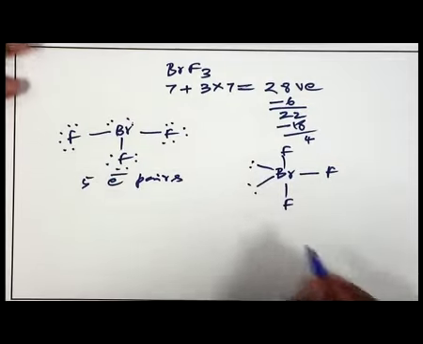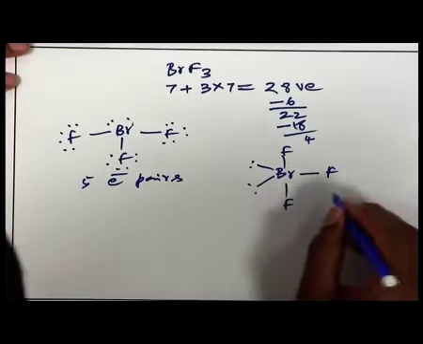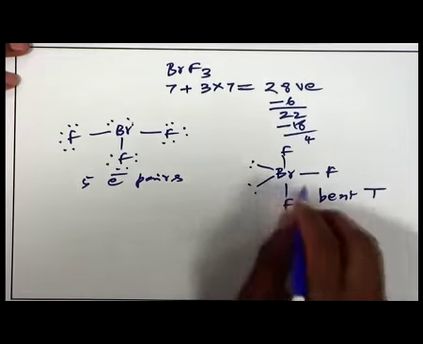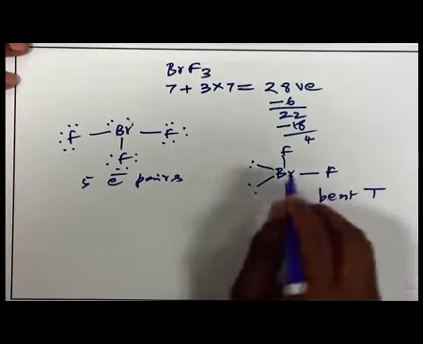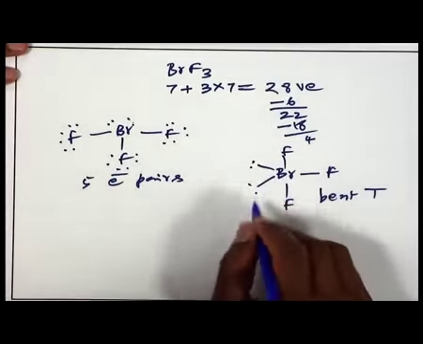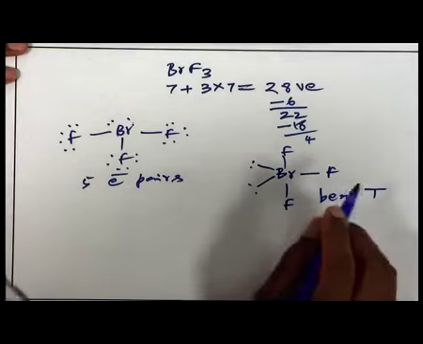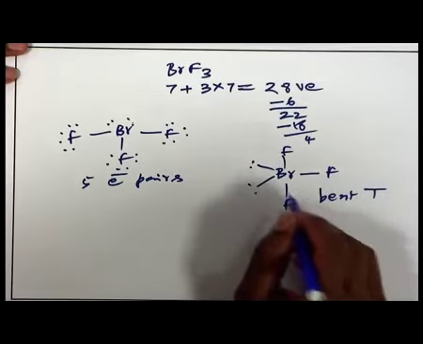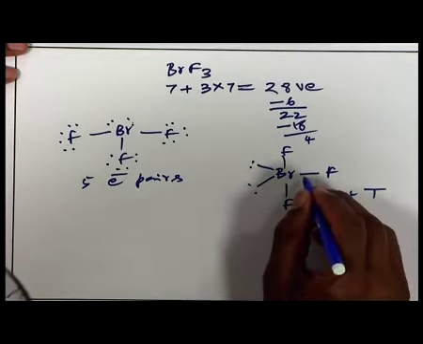Trigonal bipyramidal. The shape of the molecule is a bent T shape, because these two lone pairs repel each other. Lone pair repulsion is the highest one, so it pushes the bonding electron pairs in such a way that the angle is not 90 degrees.